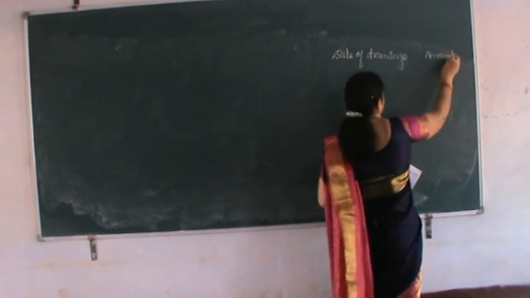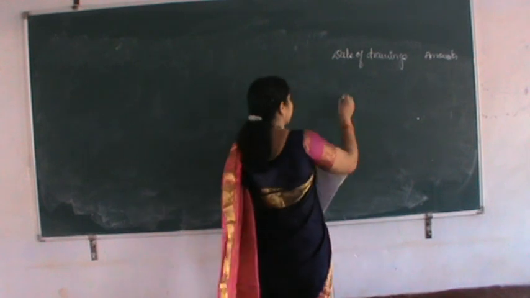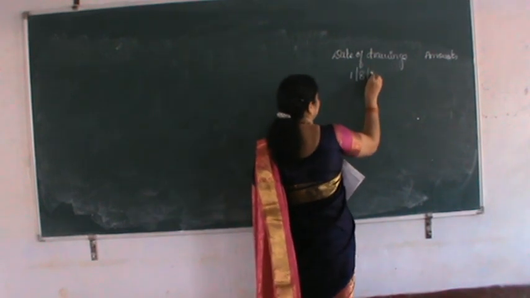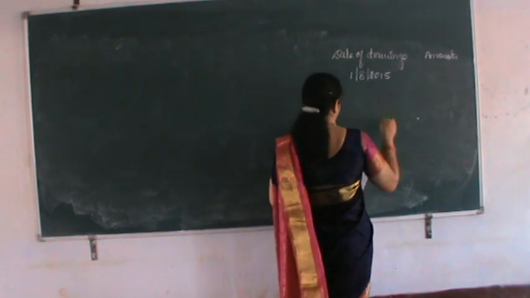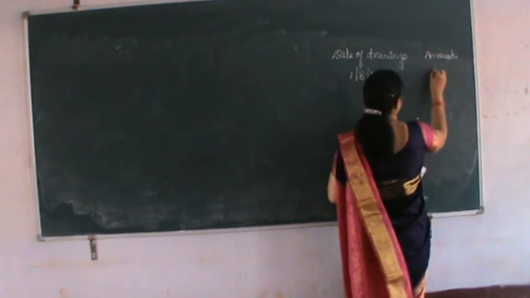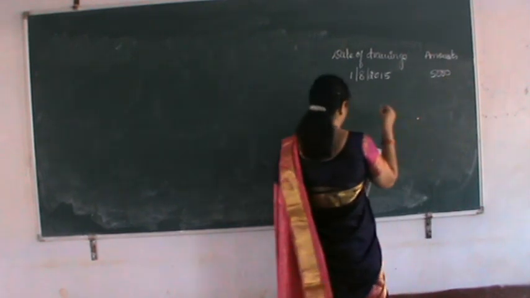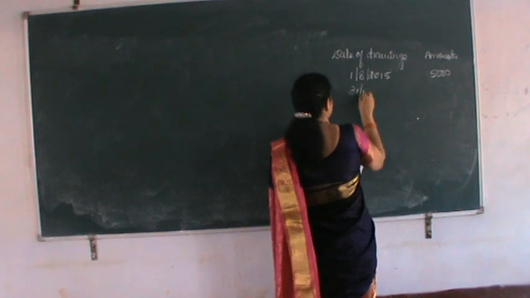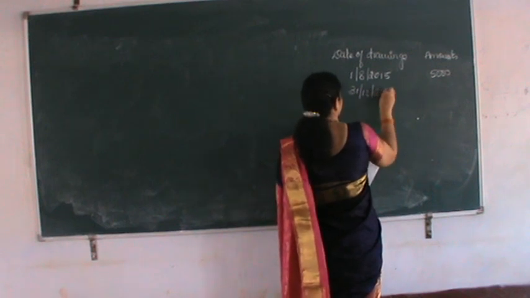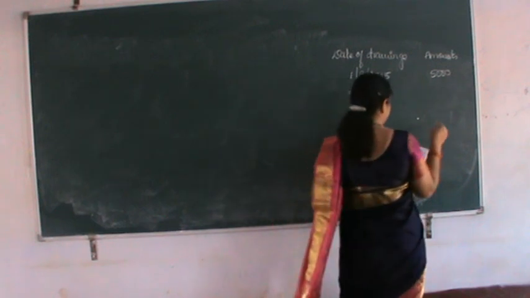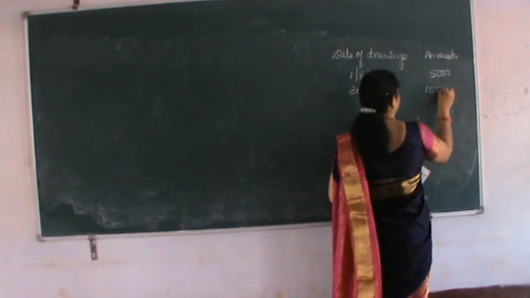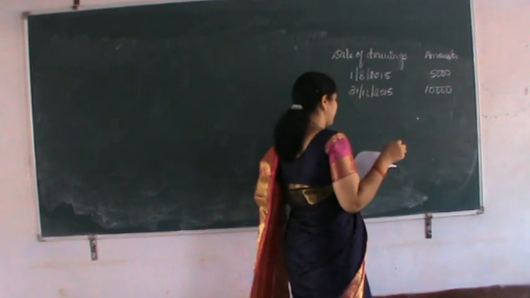On 1/8/2015, he has taken a drawing of ₹5,000. Then on 31st December 2015, he has taken an amount of 10,000 for his personal expenses.